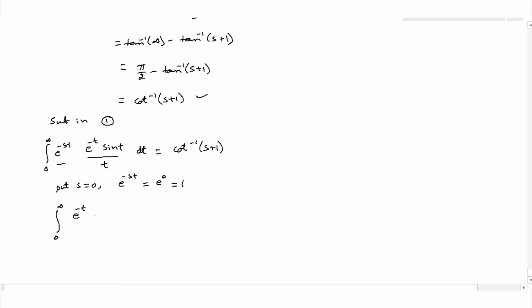Therefore we are left with the integral of e to the power minus t sin t divided by t into dt, equal to cot inverse of s plus 1, where s is 0, so cot inverse of 1. We know cot inverse of 1 is pi by 4, because cot inverse of 1 and tan inverse of 1 are both equal to pi by 4.